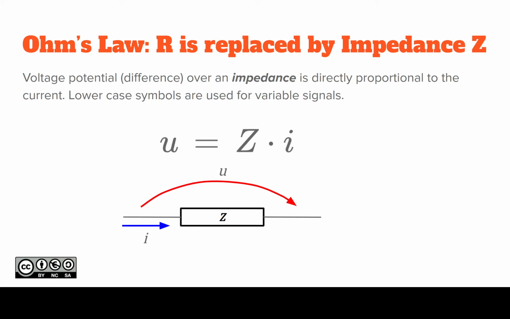The voltage drop across any element which has an impedance is proportional to the current multiplied by that impedance Z. Okay, that's the definition of Ohm's law, and it's just the symbol that is changing, nothing else.